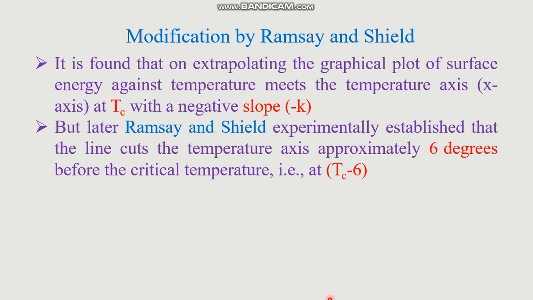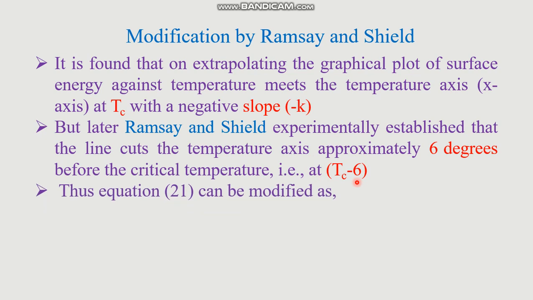On extrapolating the graphical plot of surface energy against temperature, it meets the temperature axis at Tc with a negative slope k according to the Eotvos equation. But later Ramsay and Shields experimentally established that the line cuts the temperature axis approximately 6 degrees before the critical temperature. That is, it cuts at Tc minus 6, not at Tc. So the equation must be modified.